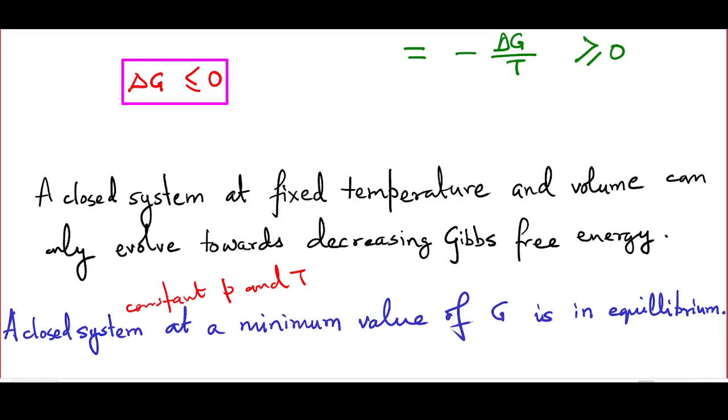Now, let me end this video with a puzzle. In fact, this issue used to worry me quite a lot when I first learned about these topics, like the fact that the Helmholtz free energy of a system tends to a minimum when it's held at constant temperature and volume, and so on.